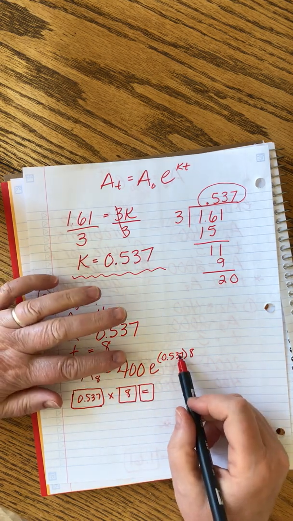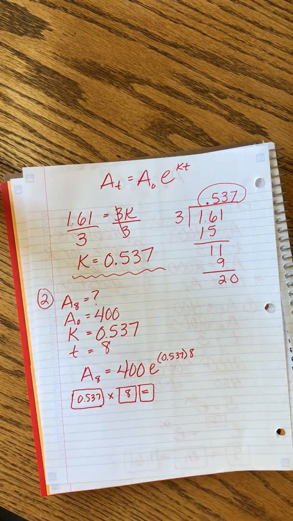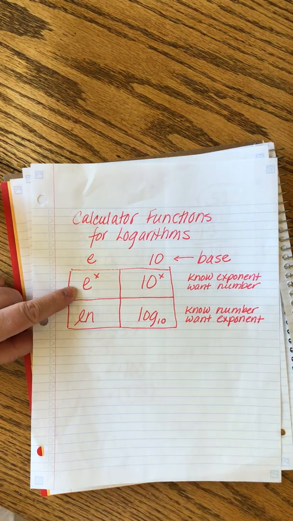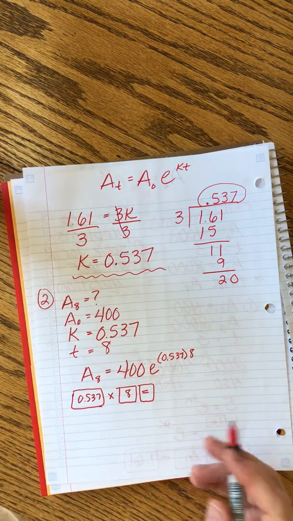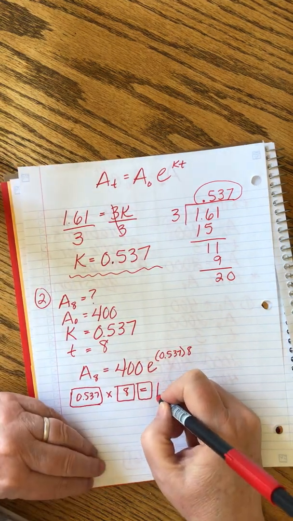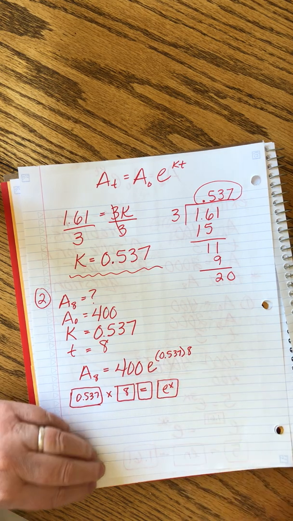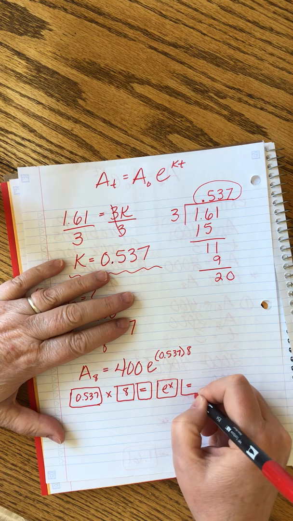Then this number is the exponent that goes on e. We just calculated it by multiplying. We want the number that represents that, so then we use the e to the x button. Shouldn't need an equal sign, but if you need it, hit it there.